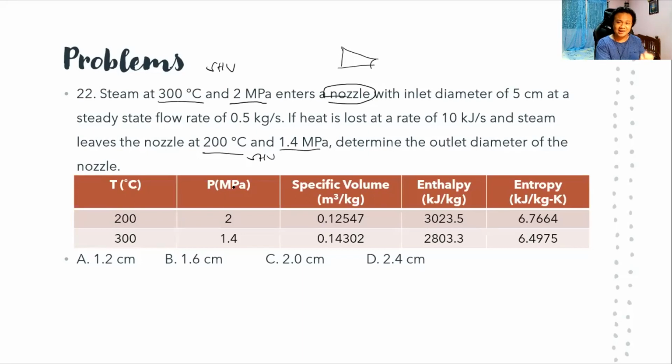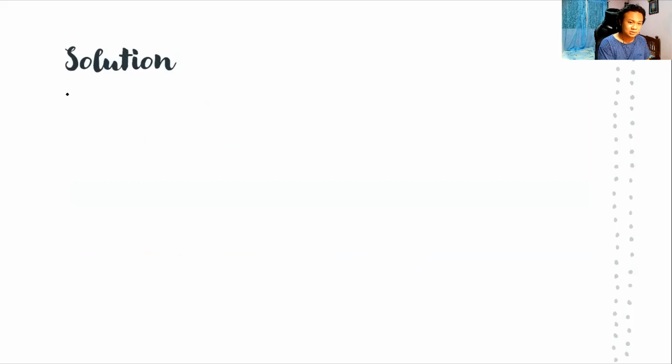What we are really interested in, in the values that we are given, is only the enthalpy and the specific volume, or the inverse of your density. So we can use these values to find our outlet diameter of the nozzle. Let's draw the given in the next slide.